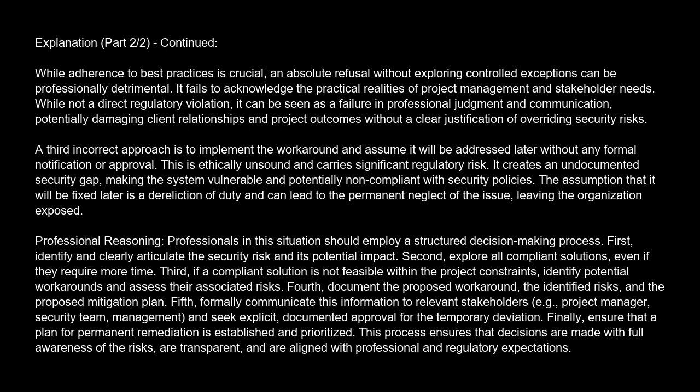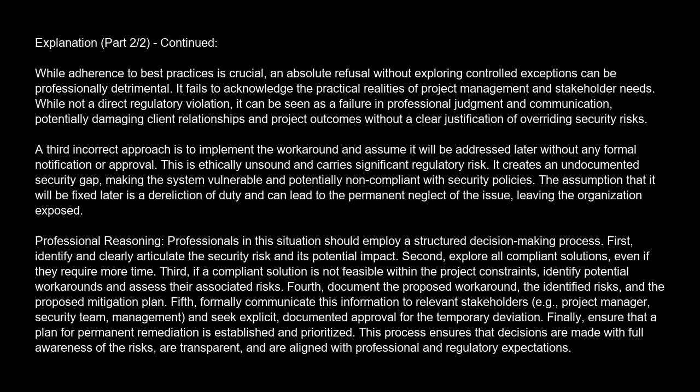Professional reasoning. Professionals in this situation should employ a structured decision-making process. First, identify and clearly articulate the security risk and its potential impact. Second, explore all compliant solutions, even if they require more time. Third, if a compliant solution is not feasible within the project constraints, identify potential workarounds and assess their associated risks. Fourth, document the proposed workaround, the identified risks, and the proposed mitigation plan.